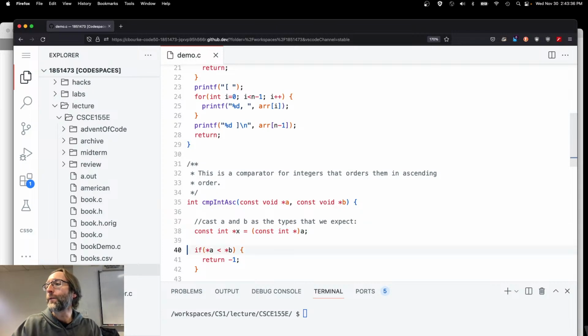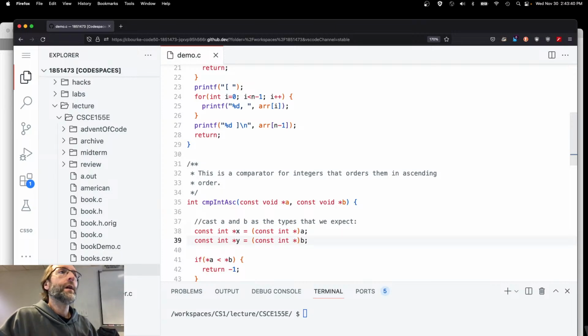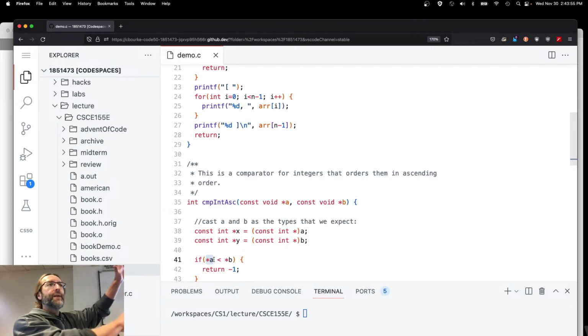And I'll do the same thing for b. I've changed them into x and y. A and b are just raw memory addresses. But now x and y are pointers to integers. Now I can do something with them. Now I can dereference them and look at that value and say it's 5, and then this value down here is 10, and 5 comes before 10 in ascending order, right?